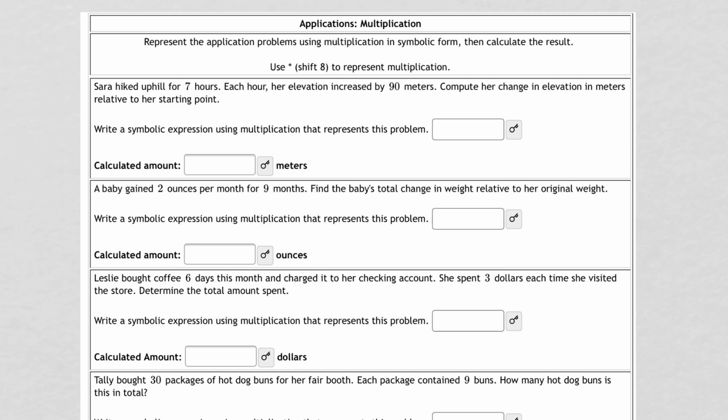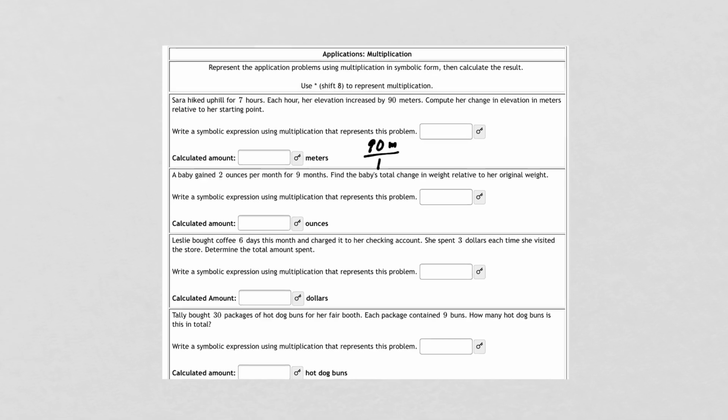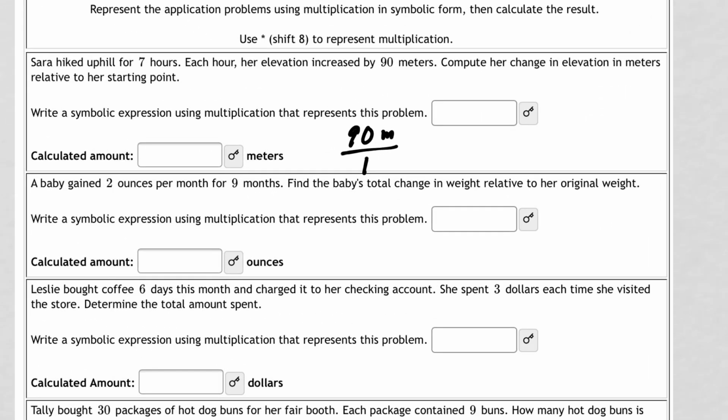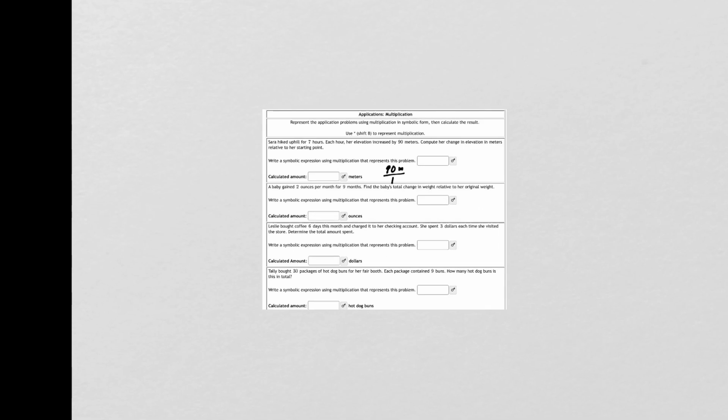Okay, so again, this is going to be a multiplication, right? You could think of it as her elevation is increasing by 90 meters per 1 hour. Let me go back to the regular size here.